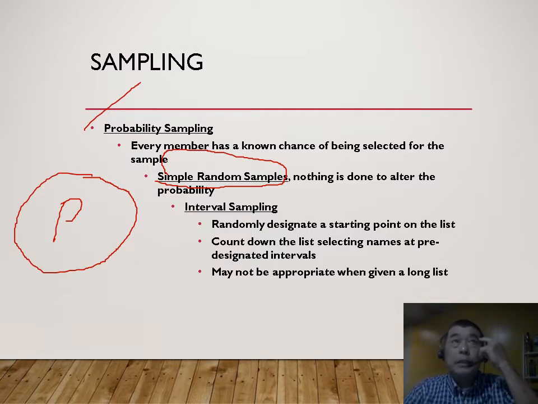Now, under the simple random sample, we have interval sampling. Interval sampling is randomly designating a starting point on the list. Okay, count down the list, selecting names at designated intervals; this may not be appropriate when given a long list.